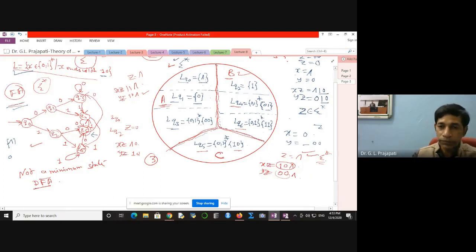Deterministic finite automata. Now you have made the decisions. Your input was the FA like this. You are given the FA and you were asked whether this FA has the minimum number of states or not. So what you have done, you have partitioned the set sigma star here. This is the sigma star, and you have partitioned the sigma star on behalf of the states of the DFA and on behalf of the equivalence classes, and you find that there are three different equivalence classes, and here you have the 7 states of the FA.